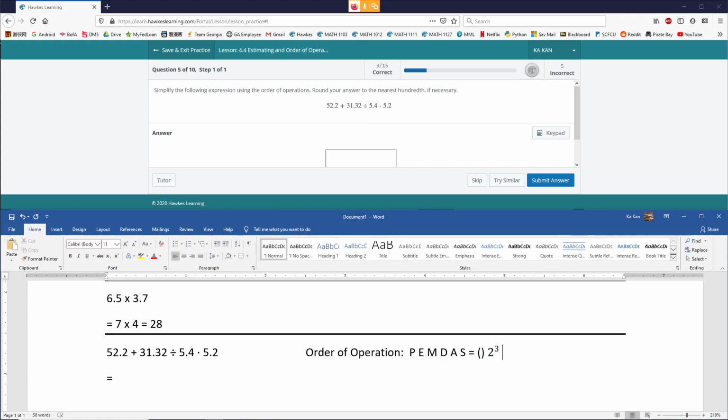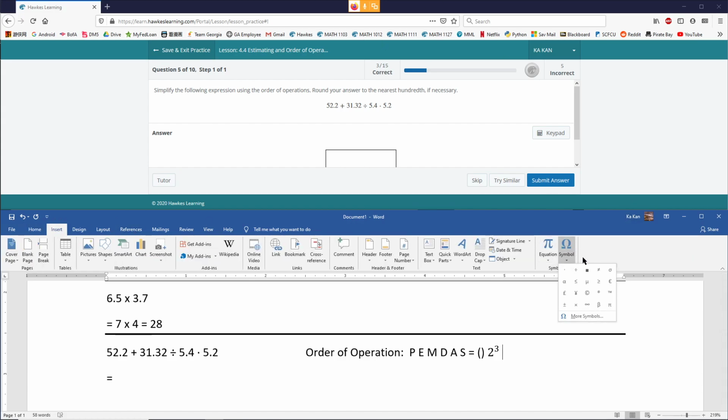Then it's multiplication, and then division, okay. Let me put some more space between them, like this. And then addition, and then subtraction.